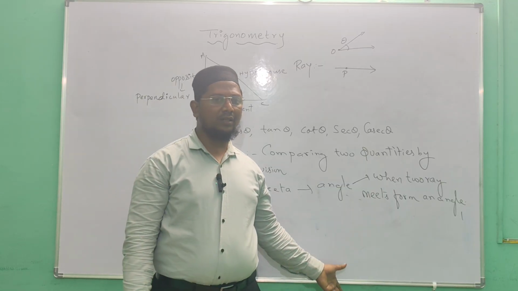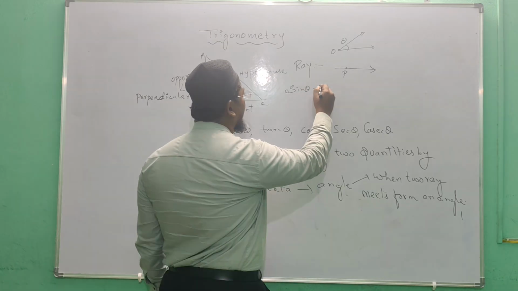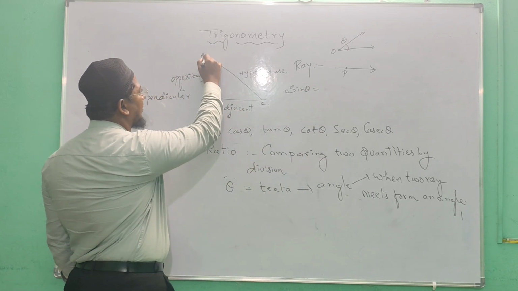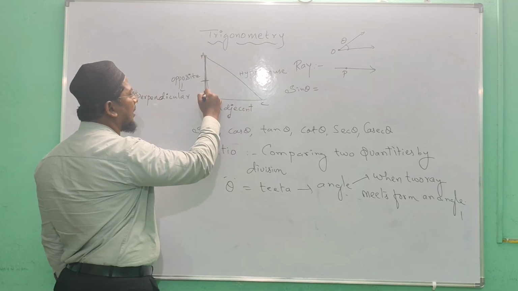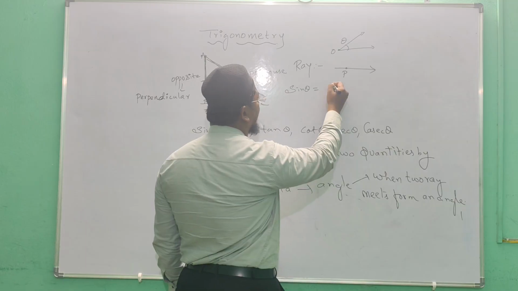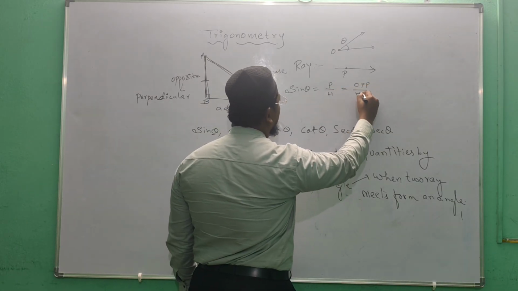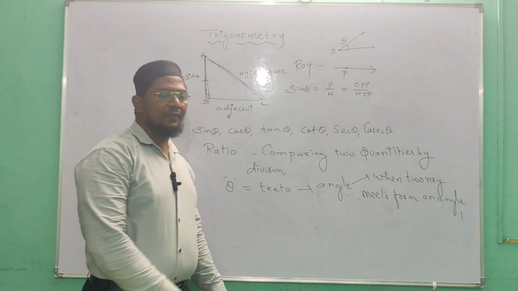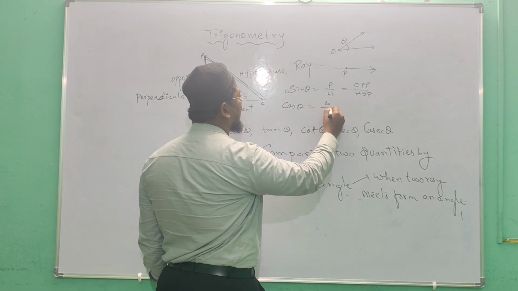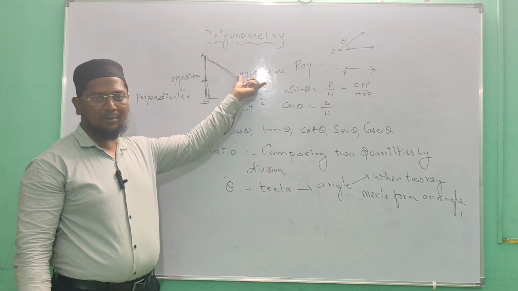So let us see how the formulas are formed. The first formula is sin theta. In sin theta, we compare the opposite, perpendicular, and the hypotenuse. So we can say P upon H, or opposite by hypotenuse. And in cos theta, we compare base upon hypotenuse, B upon H. This is the base and this is the hypotenuse.